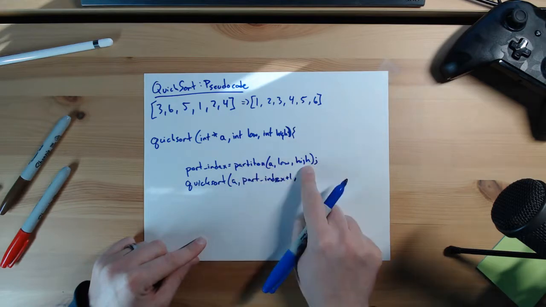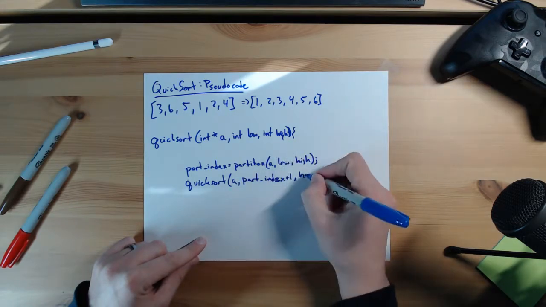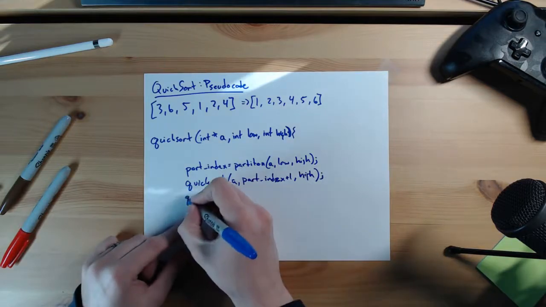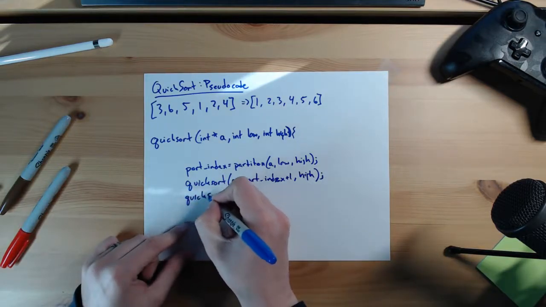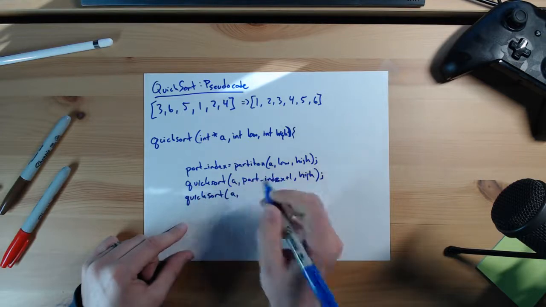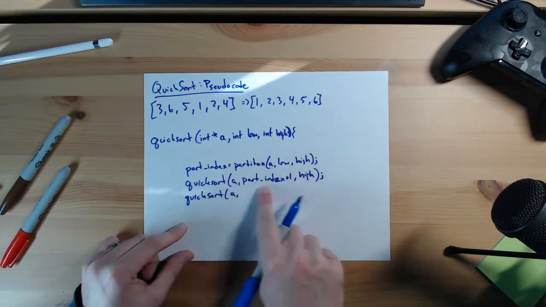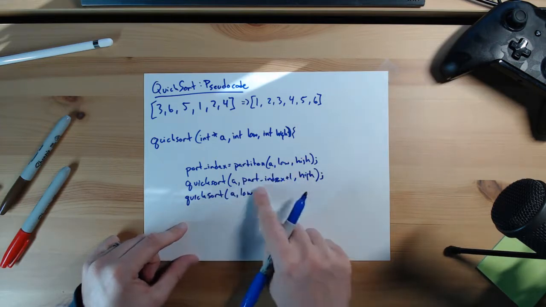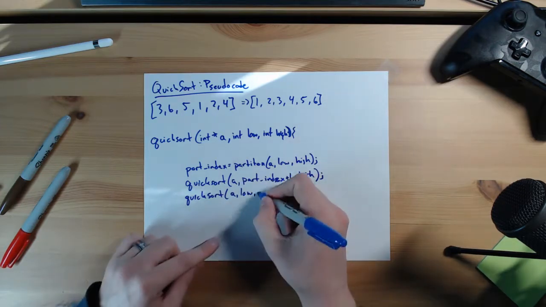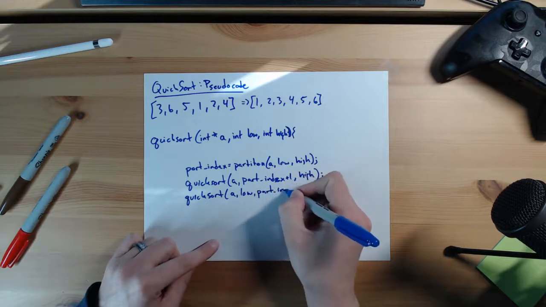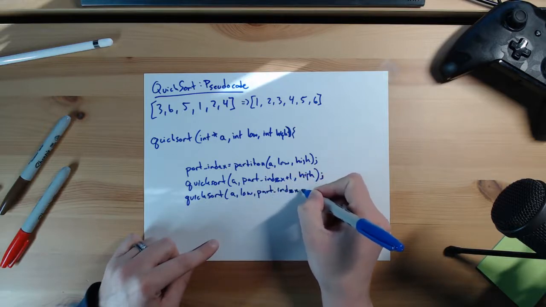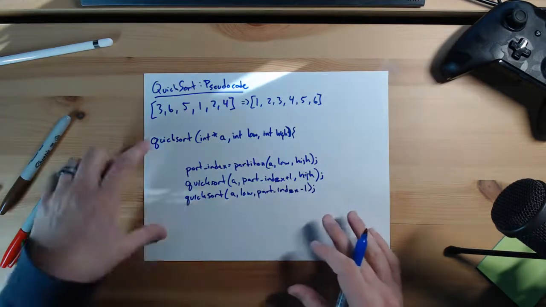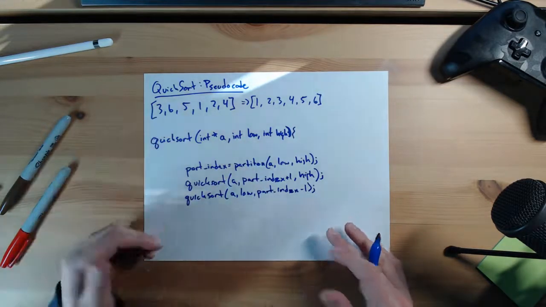And then the high is going to be the same high that we had here, high, right? Then we also need to quicksort the left side. The same array. The low index is going to be the same exact index. The high is going to be the partition index minus 1, right?